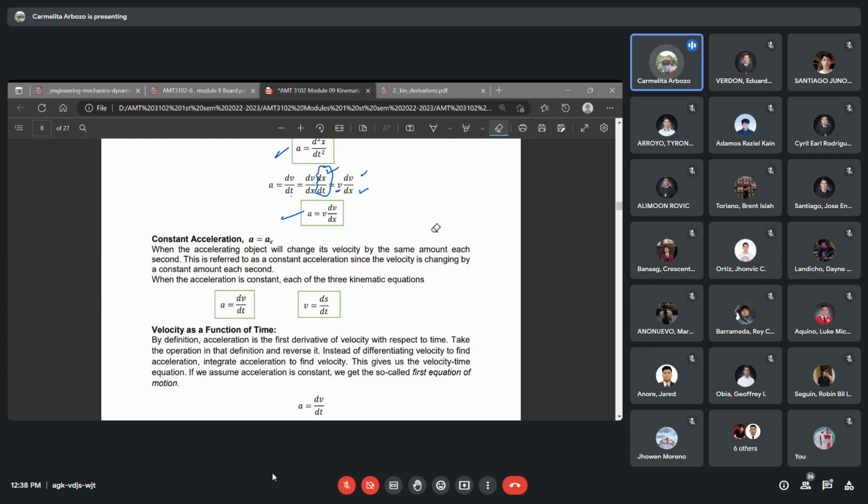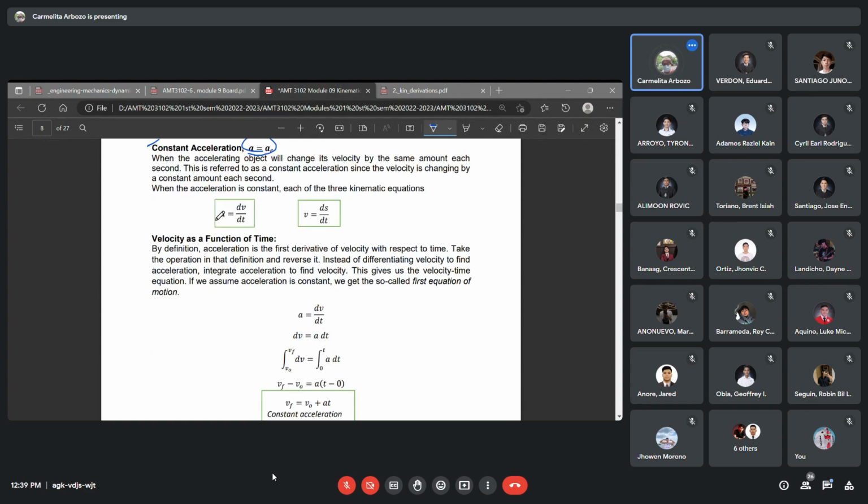Now for the constant acceleration. Okay, constant acceleration, a is equal to a sub c. So pagka nakukuha ka ng a sub c, that is your acceleration constant. When the accelerating object will change its velocity by the same amount each second, since the velocity is changing by a constant amount each second.